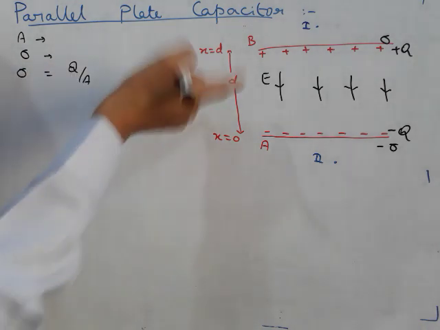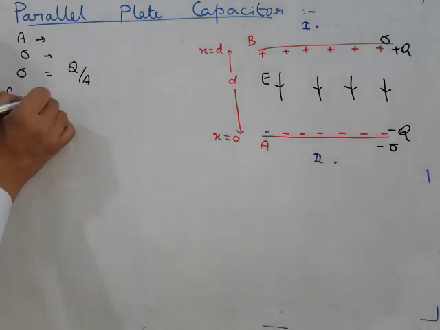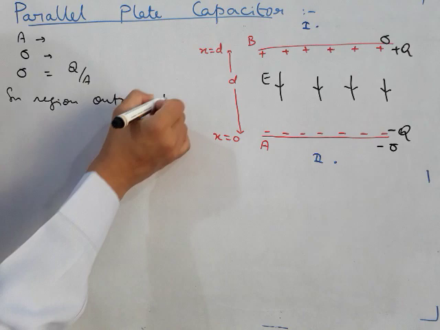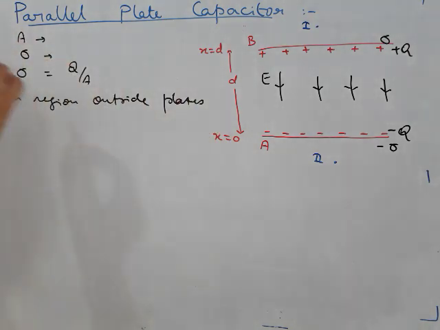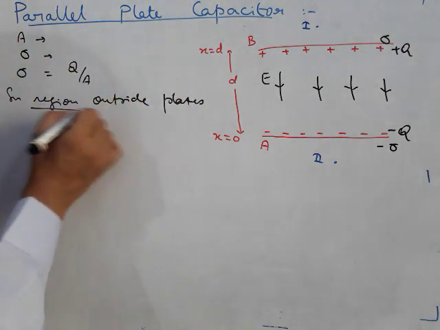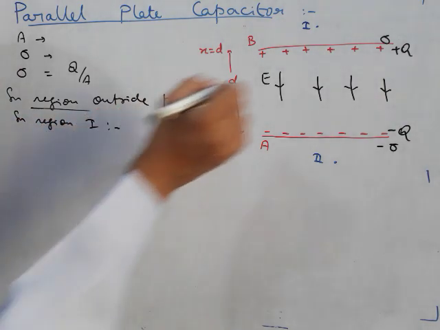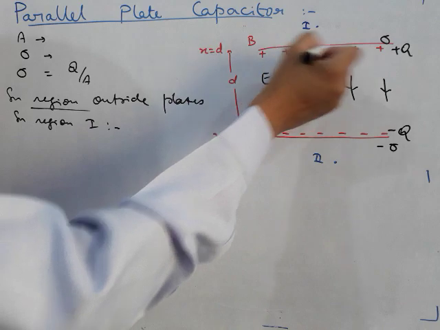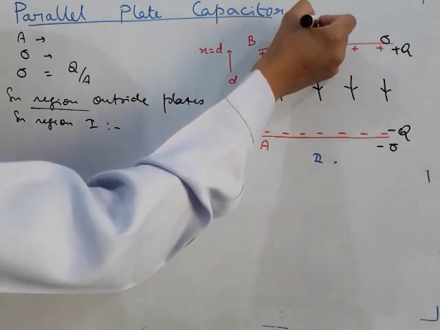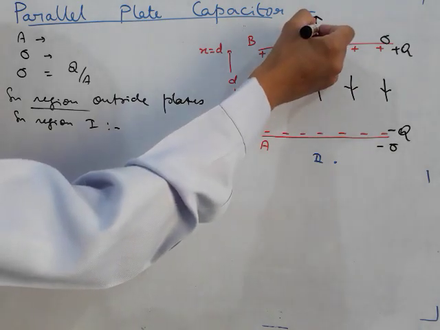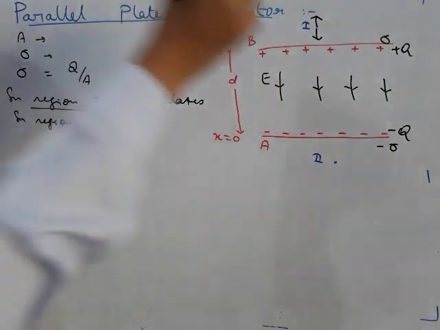In the region outside the plates, in region 1 for example, due to the positively charged plate, the electric field will be away from it, and due to the negatively charged plate, the electric field will be towards it. And what are their values?